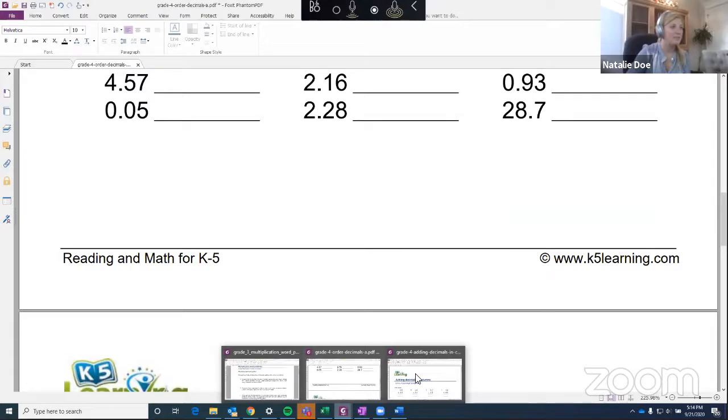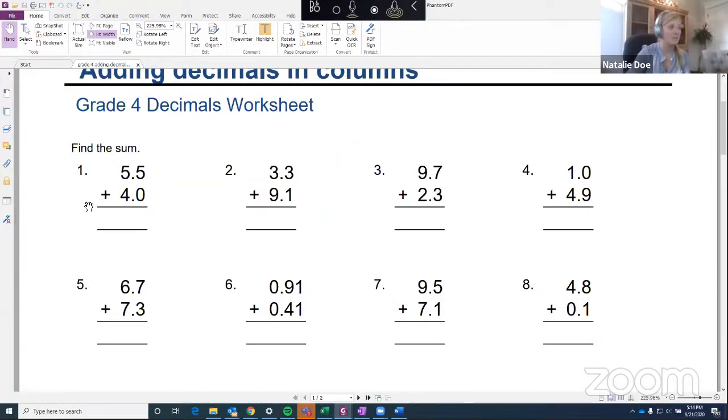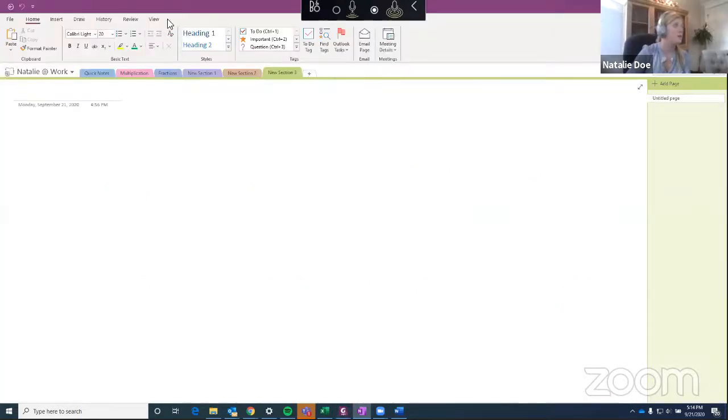So let's talk about adding decimals then. How do we add decimals together? Just like if you're adding two whole numbers, the first thing you need to do is line up the numbers to put them in the right spot.